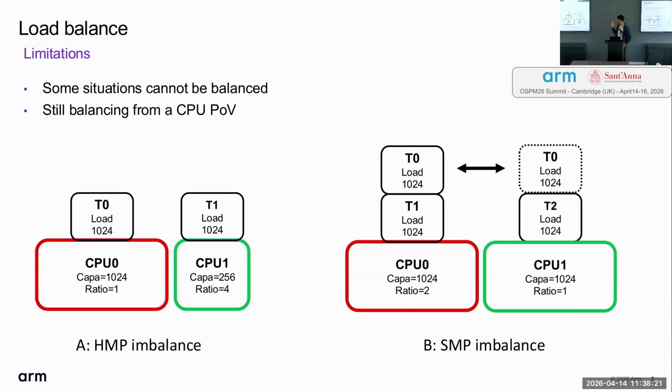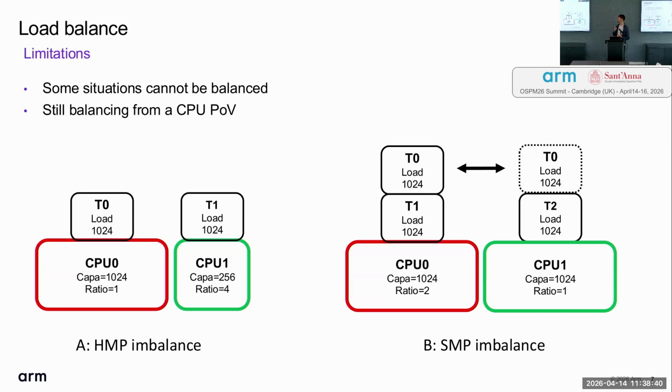Second scenario is on SMP, so each CPU has the same CPU capacity. If we have 3 tasks on 2 CPUs, the load balancer is going to be able to migrate one of the tasks from CPU 0 to CPU 1, but it's going to be a more or less random choice.